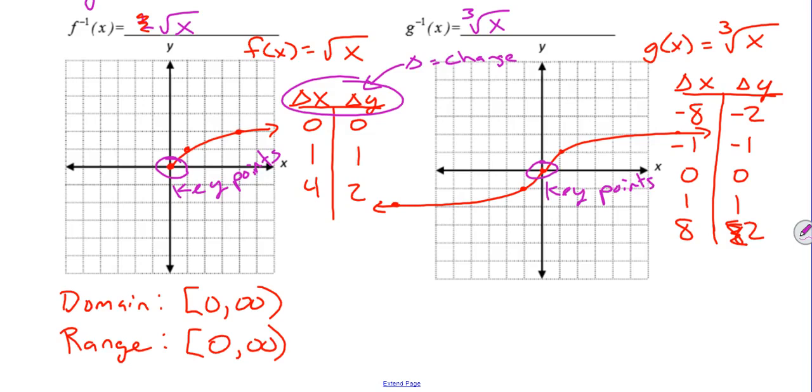So I'm always going to be referring back to that point when I talk about my change in x and change in y. Those are my new origins, right? That's the origin point for both of these. So that's going to shift, and then we'll take a look at it.